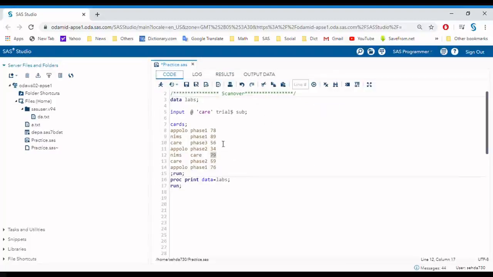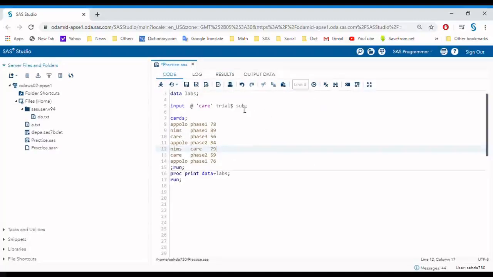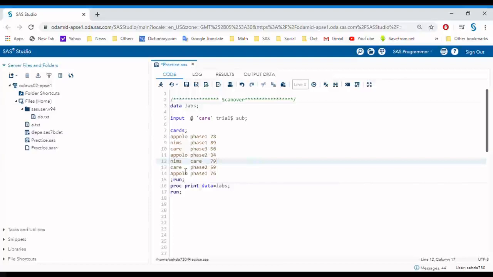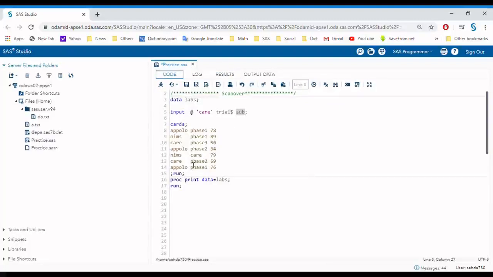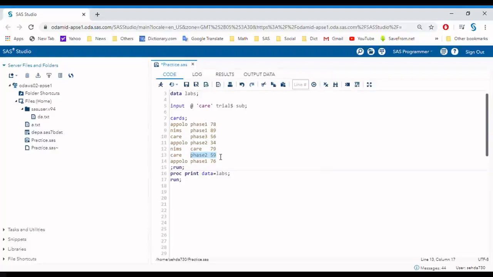So what is left? Nothing is there after 79, and one variable is still left, but nothing is there. So it will jump to the next line. Again in the next line, care is actually a character, and a character cannot come up in this number variable, that's why the dot is there. After that, this entire thing will be skipped, and then again it will jump to this.